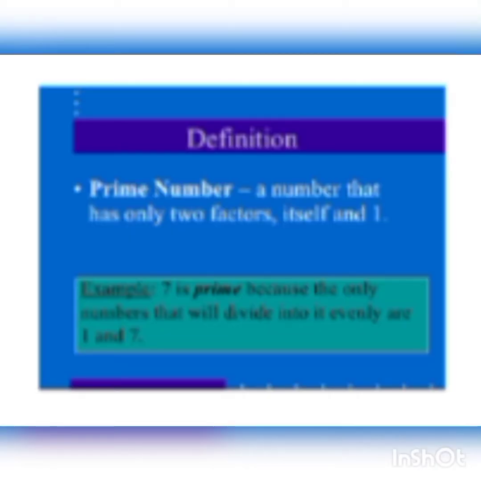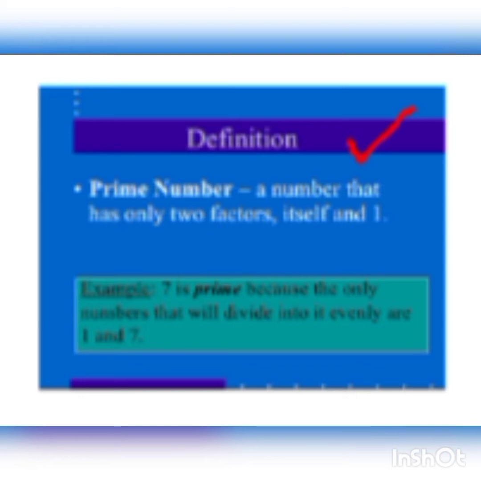Now students, in the world where every natural number can be generated by multiplying 2 or more of the basic numerals that are 0 to 9, there exist a few numbers which do not obey this rule, that are prime numbers. So here is the definition of a prime number. A prime number is a number that has only two factors, itself and 1, which means that a prime number cannot be expressed as a multiple of any number other than 1 and itself.